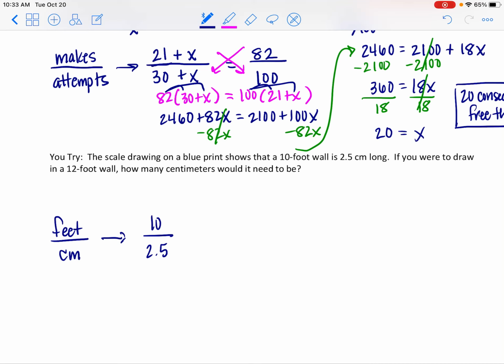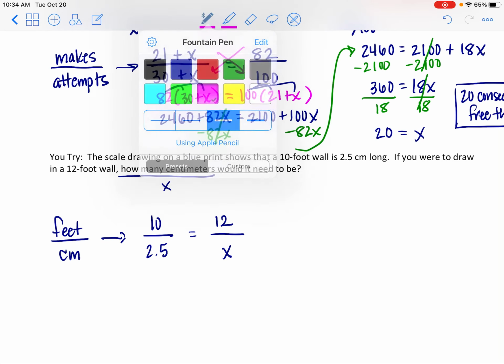If you were to draw in a 12-foot wall, how many centimeters would it be? We don't know, let's call it x. So a 12-foot wall, I'm going to put that on top because that's feet again, is how many centimeters? So 10 feet is 2.5 centimeters, 12 feet is how many centimeters?